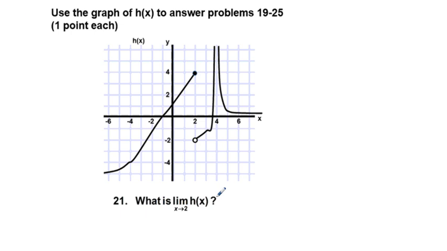21. What is the limit as x approaches 2 of h of x? Well, here we have a 2, and we need the limit from the left side to equal the limit from the right side.